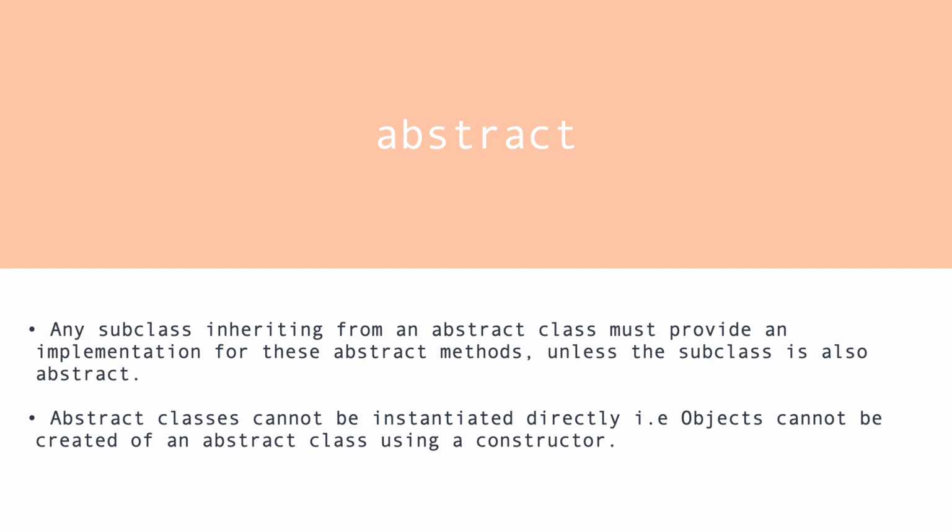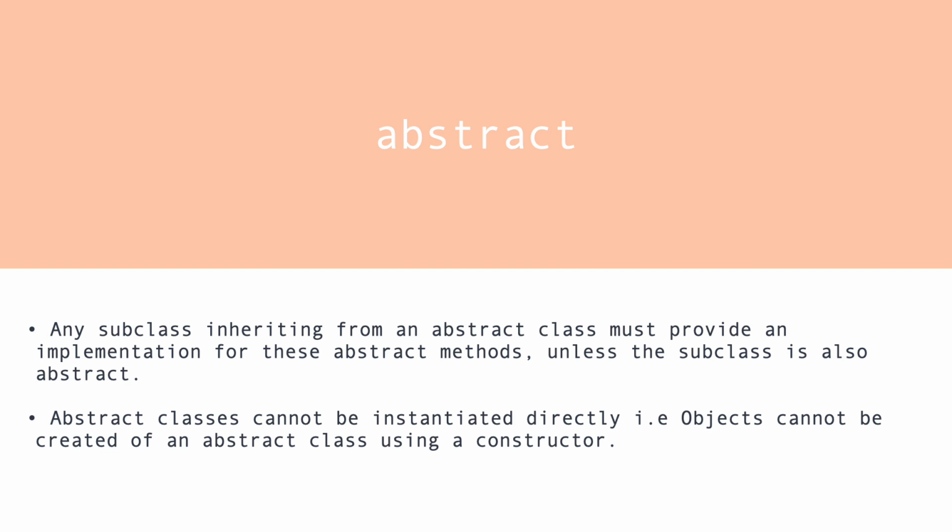The second point: abstract classes cannot be instantiated directly, which means that we can't create an object of the abstract class. However, we know that superclass variables can be referenced to subclass objects. So you can create a reference to an abstract class and later assign it to a subclass object.